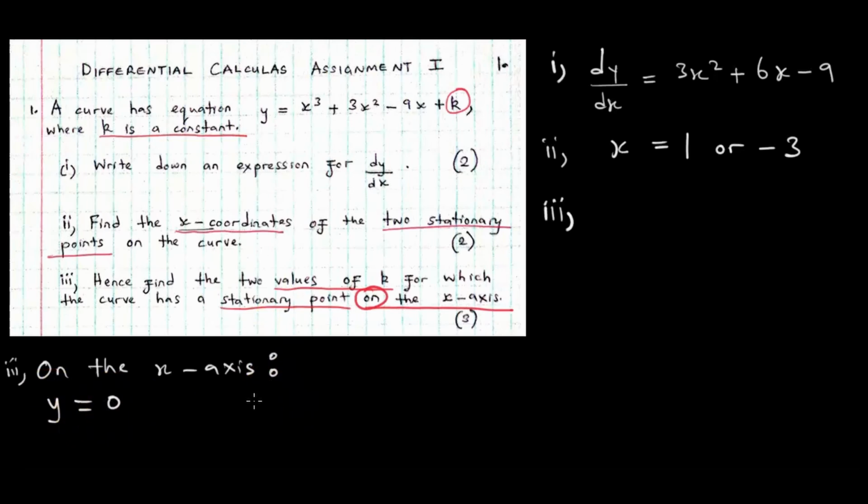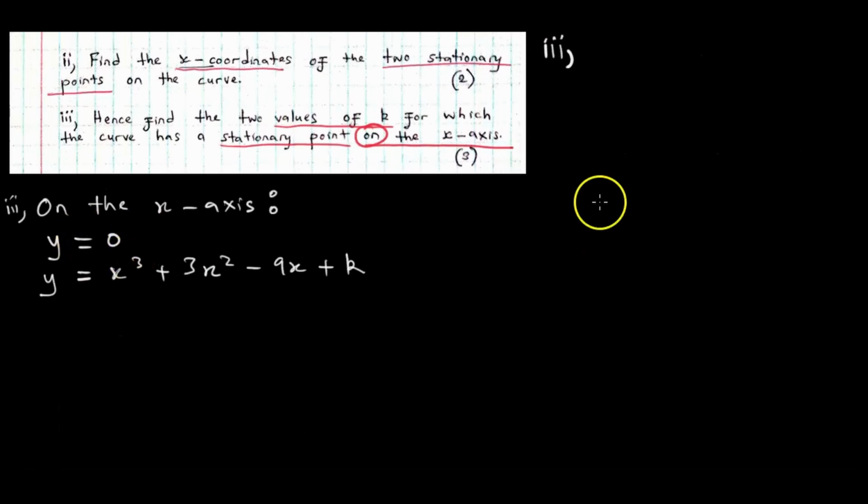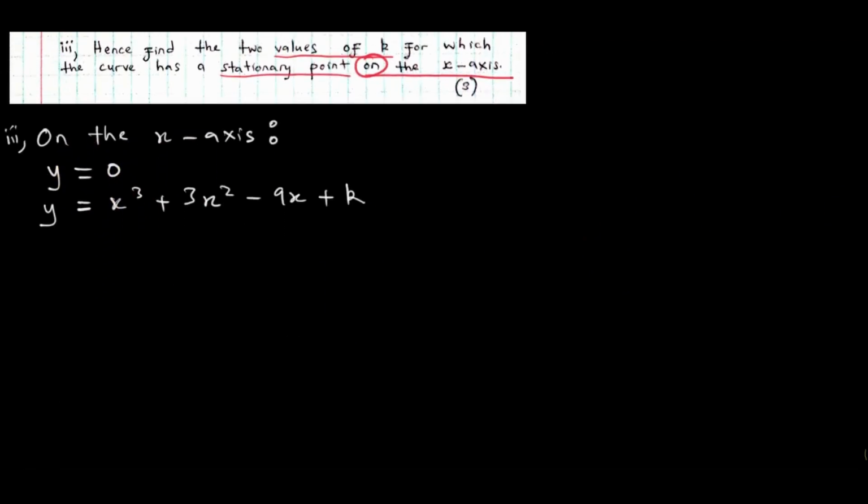So when we say y is equal to 0, as for what we were given, this is not an equation, it's a function. So we were given the function y is equal to x cubed plus 3x squared minus 9x plus k. But here we are concluding that y is equal to 0.